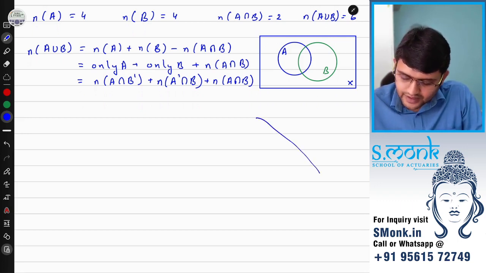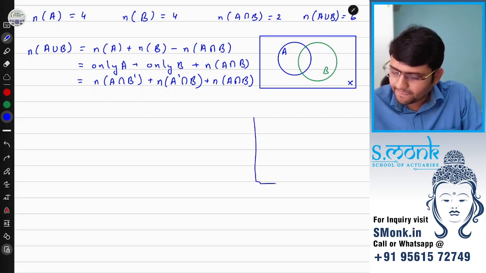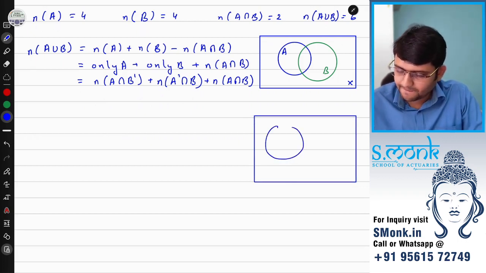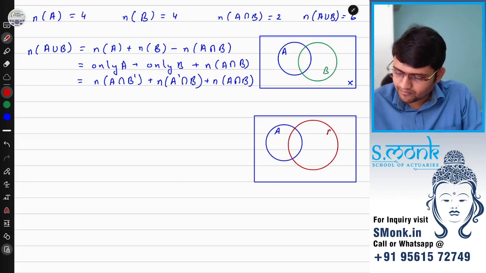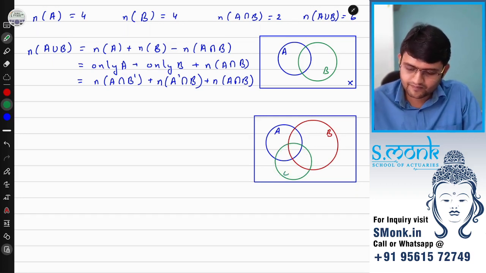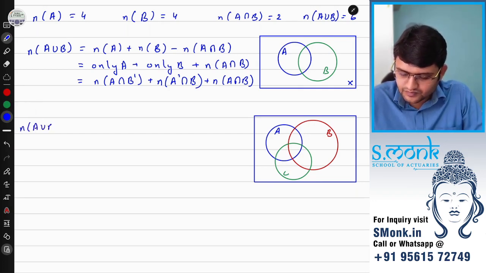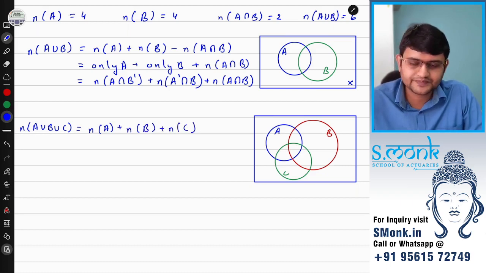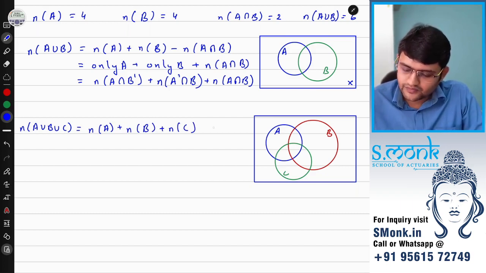Now let's say you have three sets A, B and C. First of all, if I want the union, it is the number of elements in A plus the number of elements in B plus the number of elements in C. Then we'll subtract.